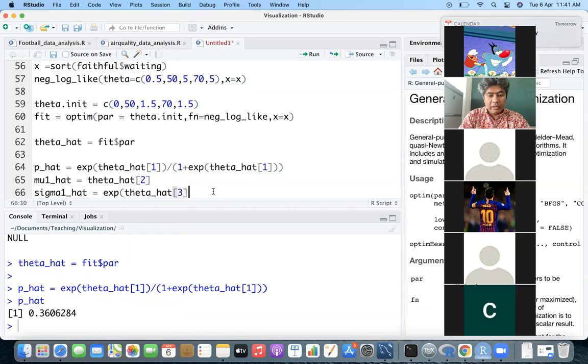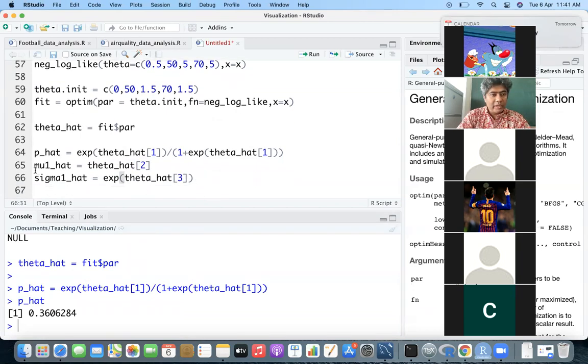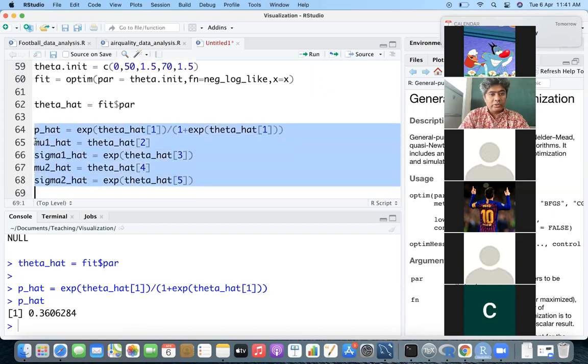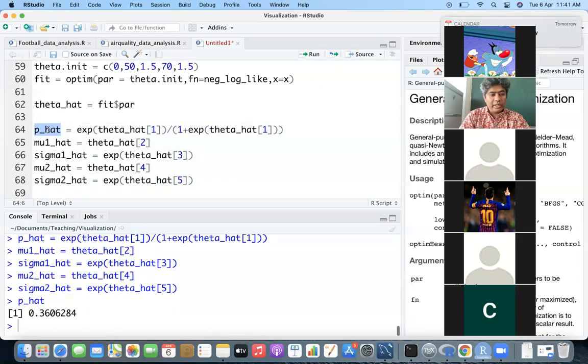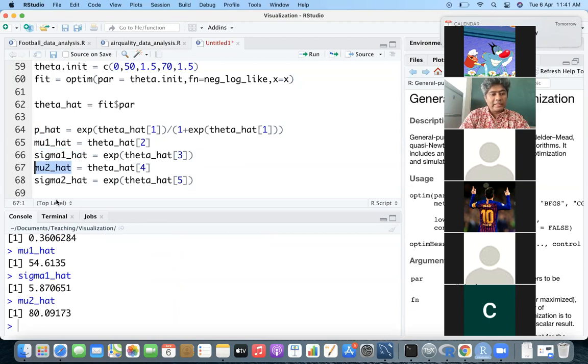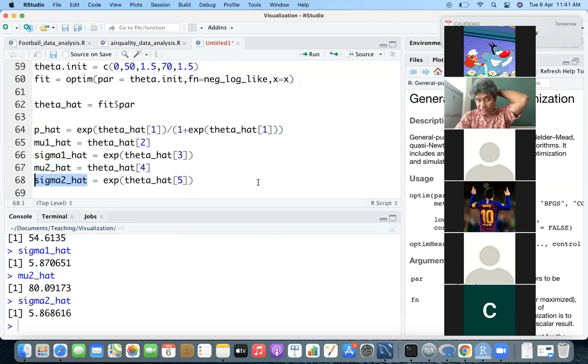Then similarly, I have to do mu 2 hat and sigma 2 hat, and these will be 4 and 5. All right. And now p hat is 0.36, mu1 hat is 54, sigma 1 hat turns out to be 5.87, mu2 hat is near 80, and sigma 2 hat is 5.86. Very well.